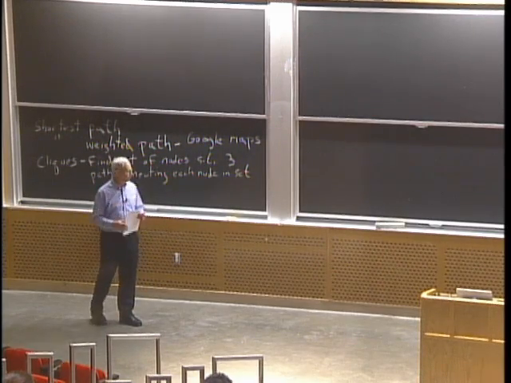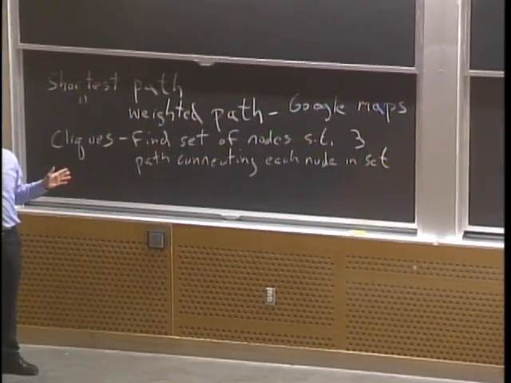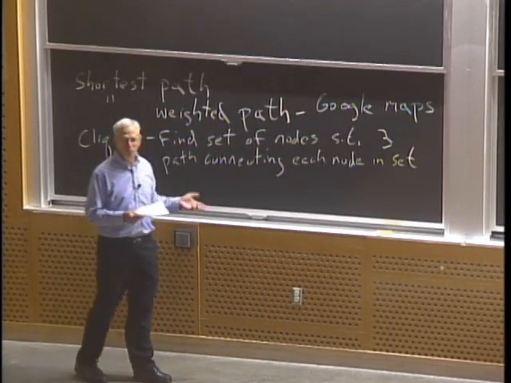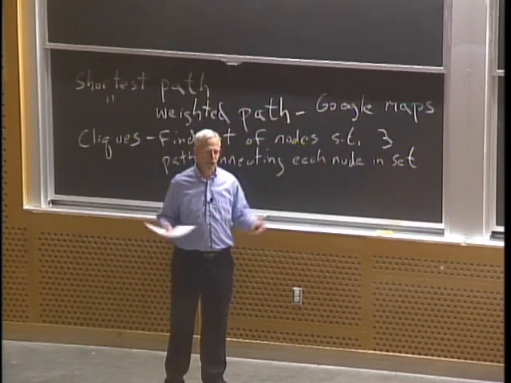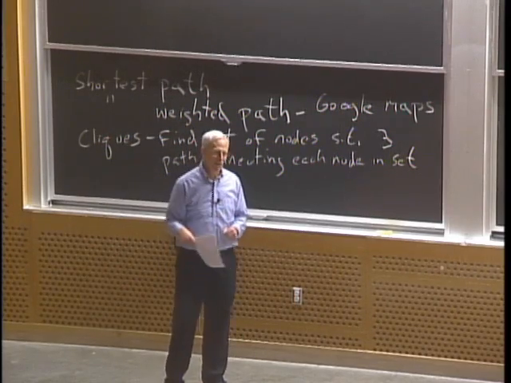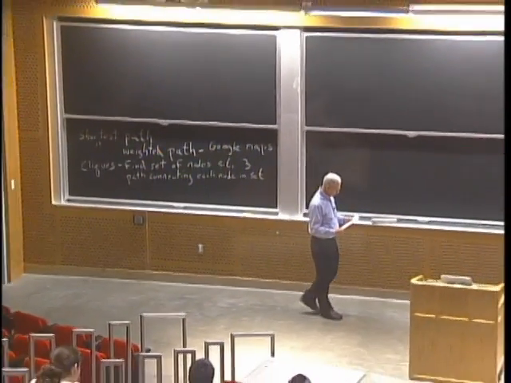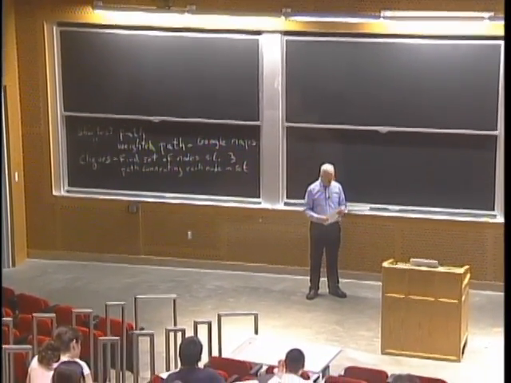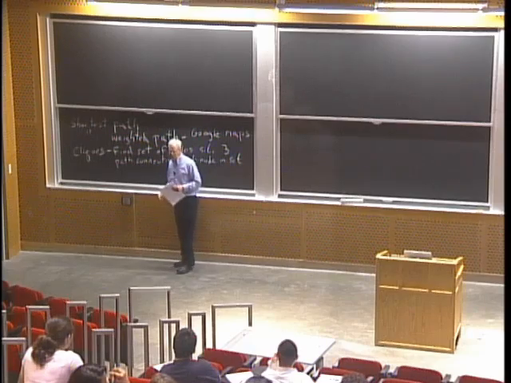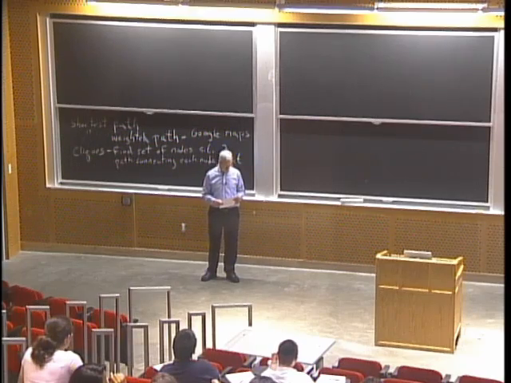So you could think of this as similar to, say, a social clique, who your friends are. It's a group of nodes or a group of people that somehow can get to each other. It's not saying you can't get outside the clique, but it is guaranteeing that from any member of the clique, you can reach any other member of the clique. And so you can imagine, well, we'll look at some examples of where finding a clique is useful.